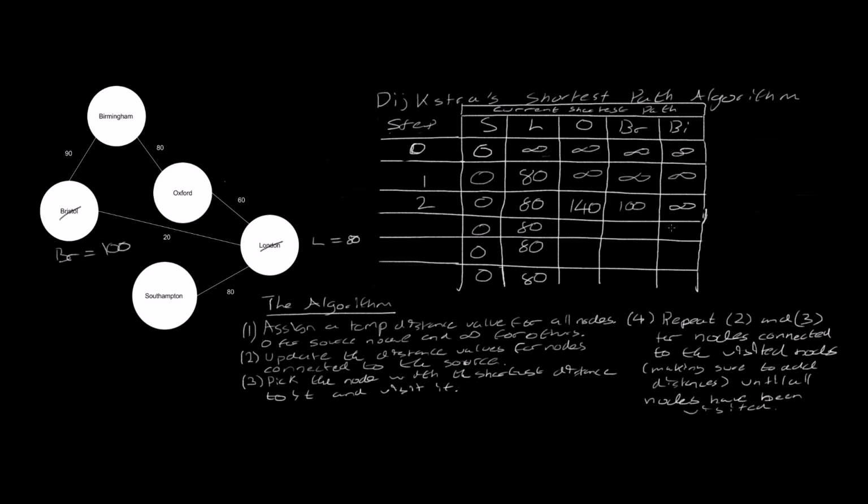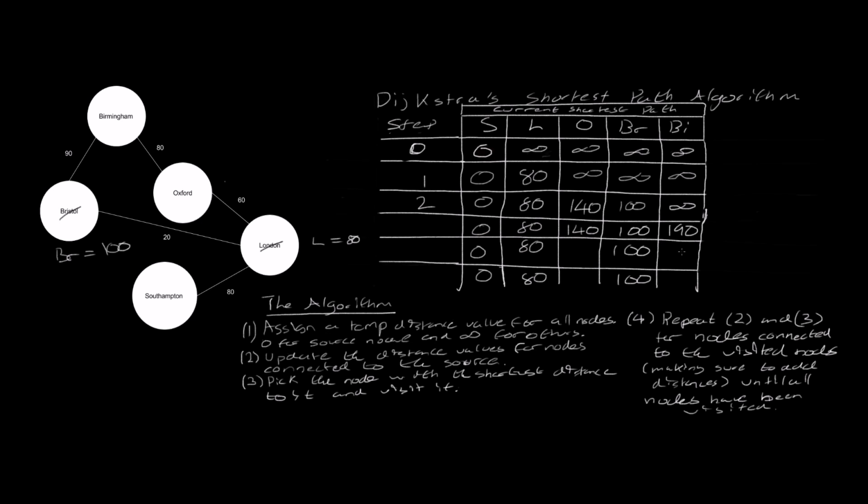So I'm going to pop that in there. Bristol is going to be 100 for the rest of the time because we've visited Bristol. And my shortest route to Oxford is still the shortest route because there's no connection between Bristol and Oxford. So we're going to put 140 in there.